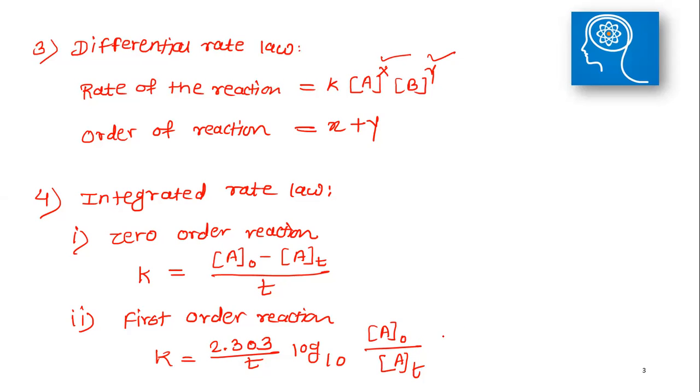We can further write it as 2.303 upon T log to the base 10 of a upon a minus x, if the initial concentration is small a and the concentration of reactant at time T is a minus x. We can also write this formula this way.